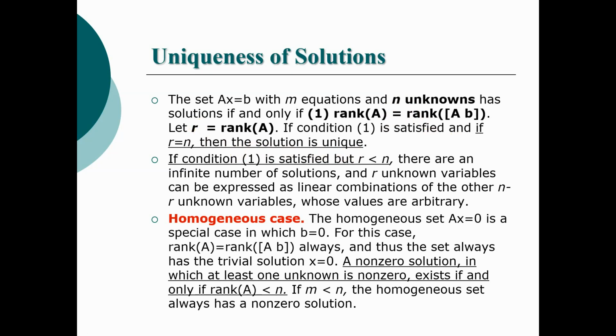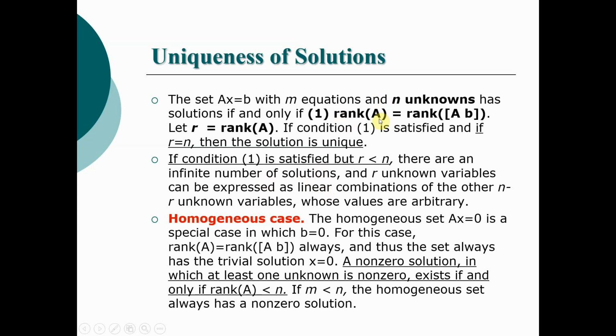So for our equation to have a unique solution, rank of A and rank of the augmented matrix AB must be equal to the number of unknowns, which is the size of this vector. If condition 1 is satisfied but condition 2, which is r equal to n, is not satisfied, and r is less than n, then that means that there are infinite number of solutions, right?